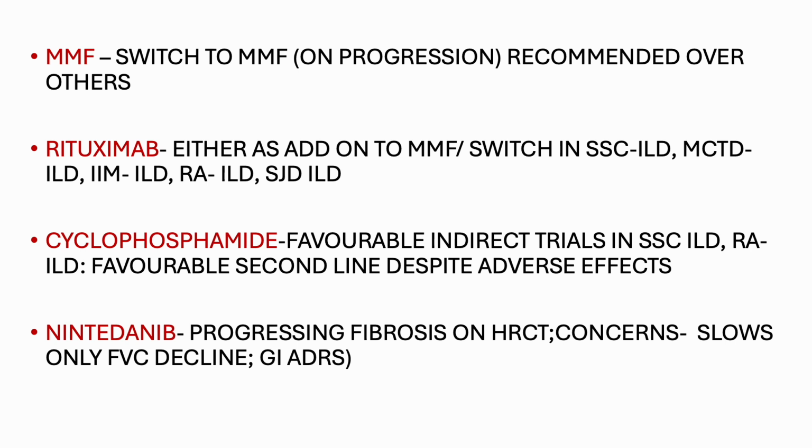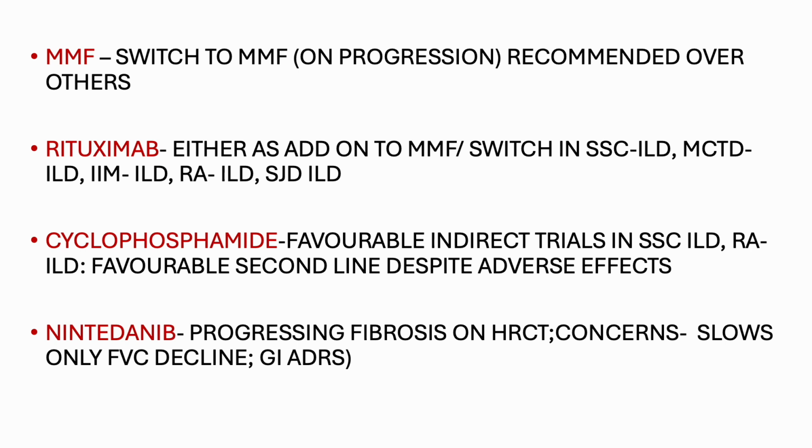Cyclophosphamide has shown a favorable profile from indirect trials, so it can be switched to in SSC-ILD or RA-ILD. It has a favorable outcome as a second-line agent despite its adverse reactions. So in systemic sclerosis and rheumatoid ILD not stabilizing on MMF, where you don't want to give rituximab, cyclophosphamide can be added.